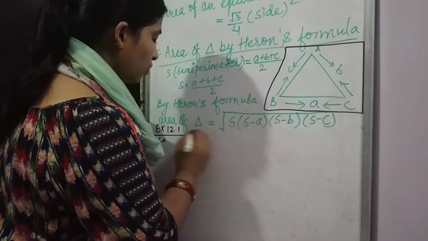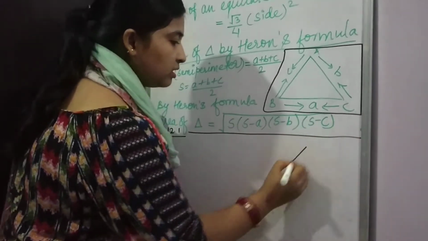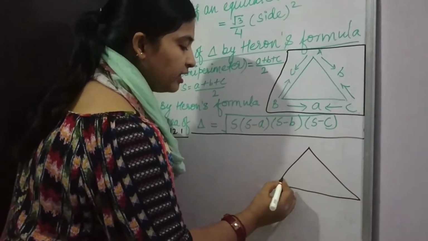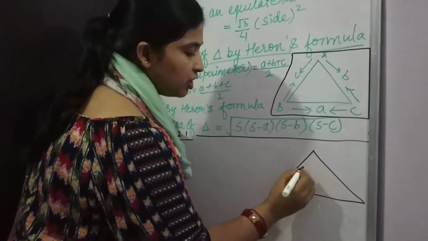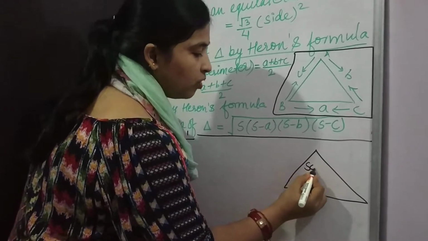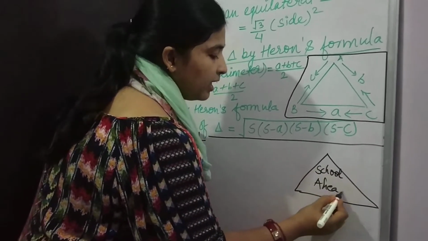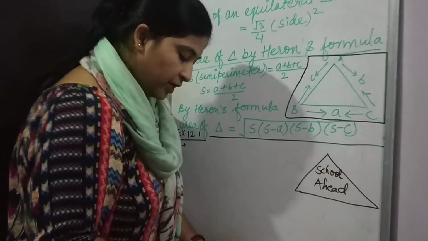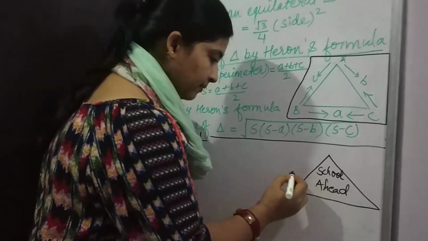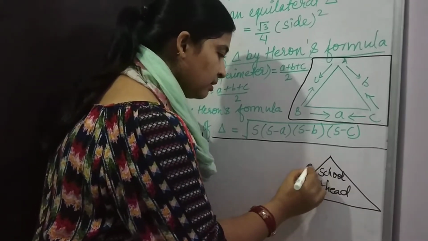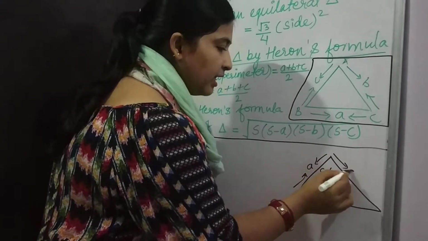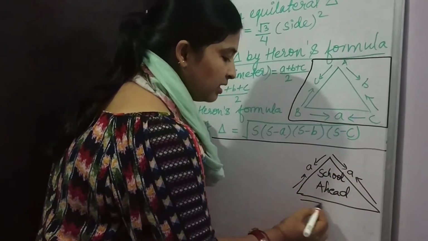There is a signboard in the shape of a triangle on which school ahead is written. This triangle is an equilateral triangle of side a, that is, each side has length a.